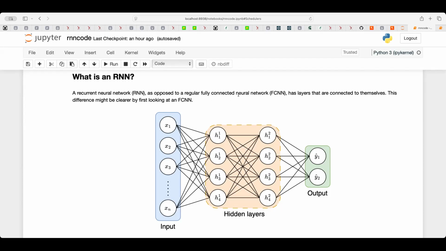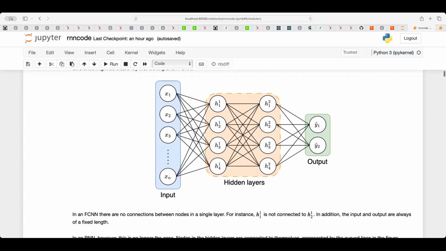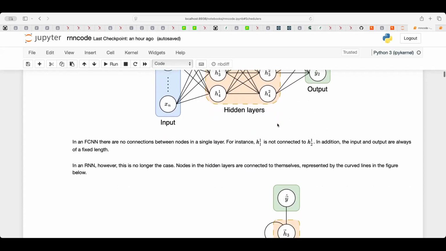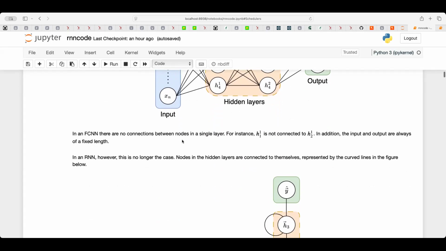Sometimes it's called a fully connected neural network, FCNN, but I will often just call it an NN, a neural network, if that's okay. This is the basic layout which you have gone through in different courses.